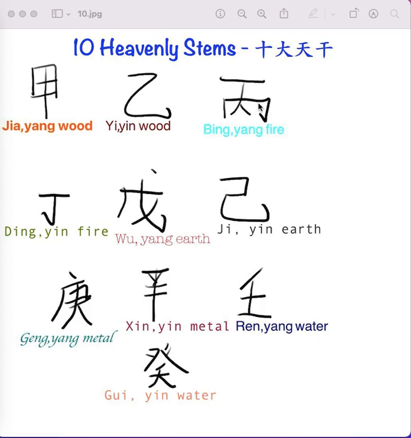Tiangan, or the heavenly stems, are actually associated with the cycle of the sun, so it's very heliocentric, and it has to do with its passage in the skies, whereas the earthly branches, the Dizhi, have to do with the earth and our revolution on our axis here on earth.